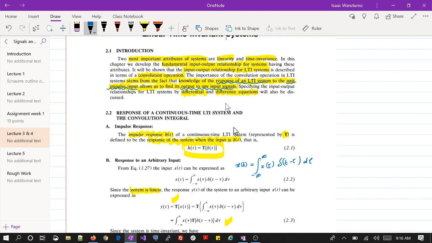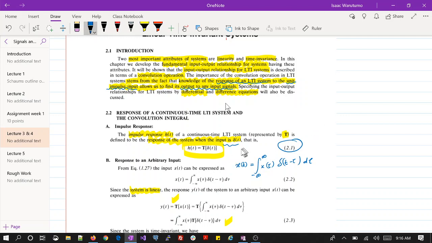So to start with, we are going to start with the response of a continuous time LTI system and the convolution integral. And the first thing is we must be able to characterize a system by its response to the unit impulse. As you can see, equation 2.1 describes the response of a system given the input is a unit impulse.